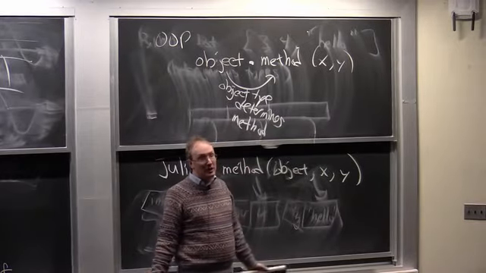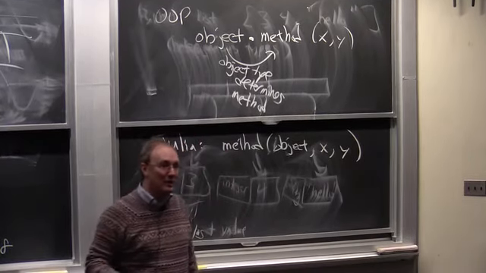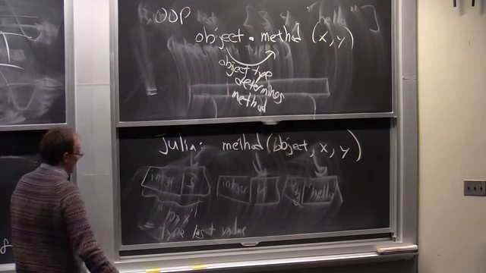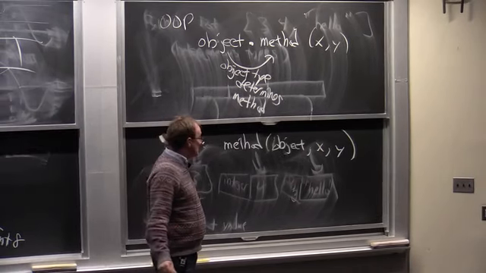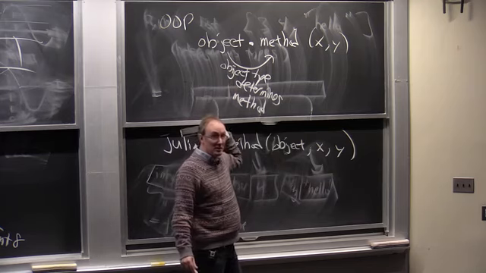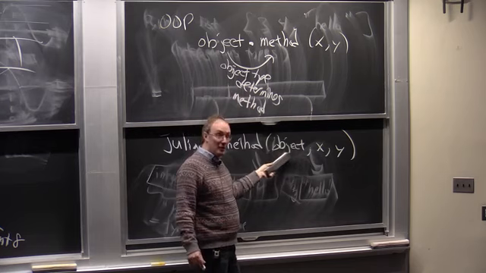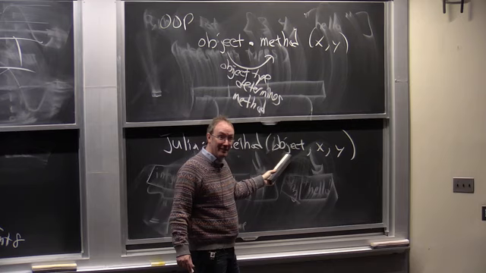In fact, under the hood, if you look in Python, for example, the object is passed as an implicit first argument called self, right? So it actually is doing this. It's just a different spelling of the same thing. But as soon as you write it this way, you realize what Python and OOP languages are doing is they're looking at the type of the first argument to determine the method. But why just the first argument?